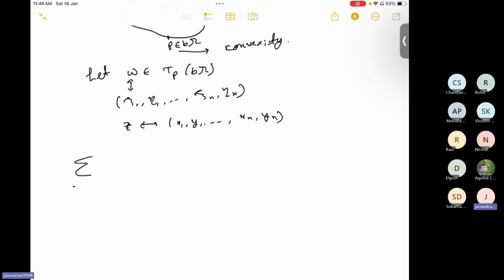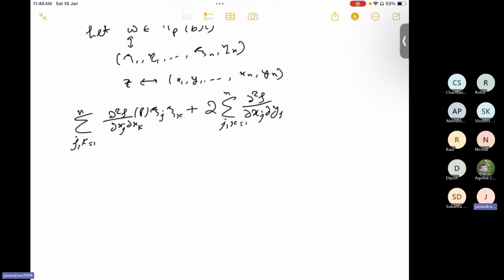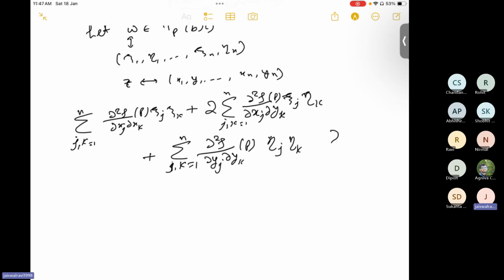The sum over j, k from 1 to n of del square rho by del xj del xk at p, zeta j zeta k, plus 2 times the sum over j, k from 1 to n of del square rho by del xj del yk at p, zeta j eta k, plus the sum over j, k from 1 to n of del square rho by del yj del yk at p, eta j eta k, which is positive.